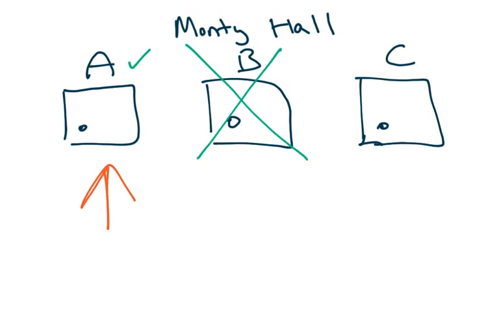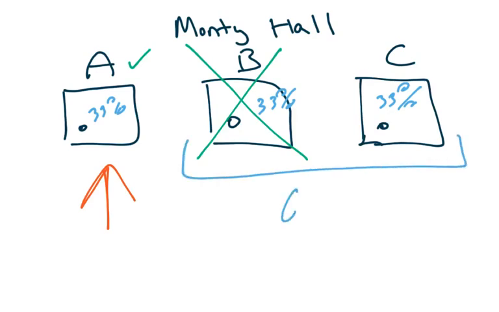Mathematically, what is actually occurring here is that initially you have roughly a 33% chance of winning. Some of y'all are thinking it's 33.3. When I took away B and said, do you want to stay with A or do you want to switch to C, your answer has a 33% chance of being correct, which then means everything else has a 66% chance of being correct.